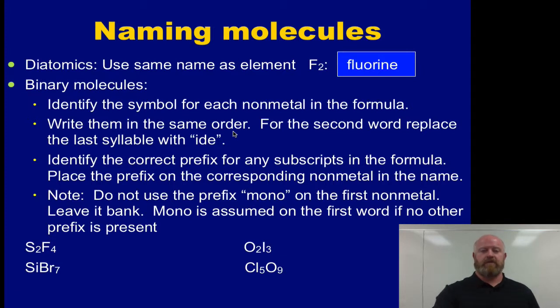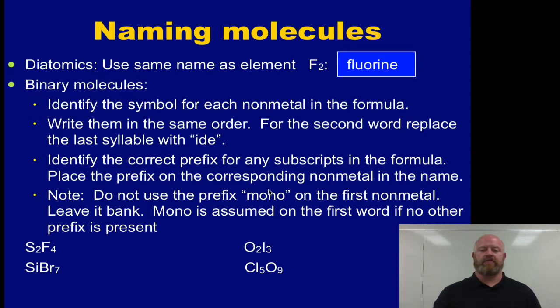So for S2F4, we start with sulfur, so we write sulfur first, and then we have fluorine, so then we write fluorine. The difference is, though, on our second word, we replace the last syllable with IDE, okay? Then find the right prefix for the subscripts, place the prefix in the name, and you're done.